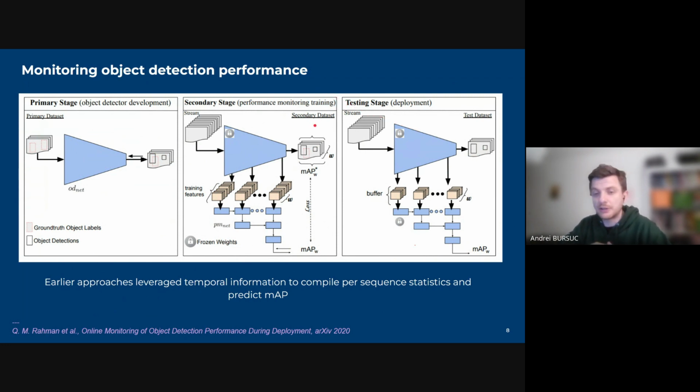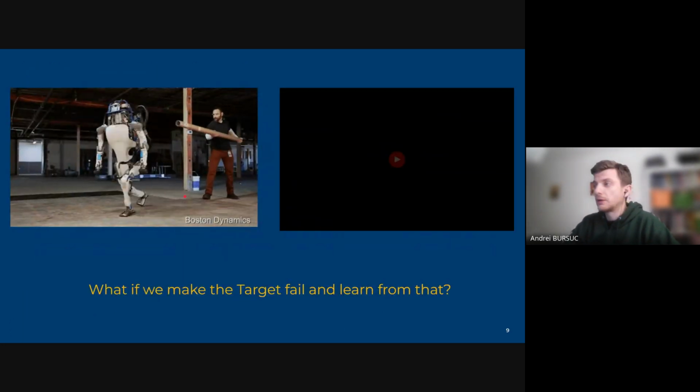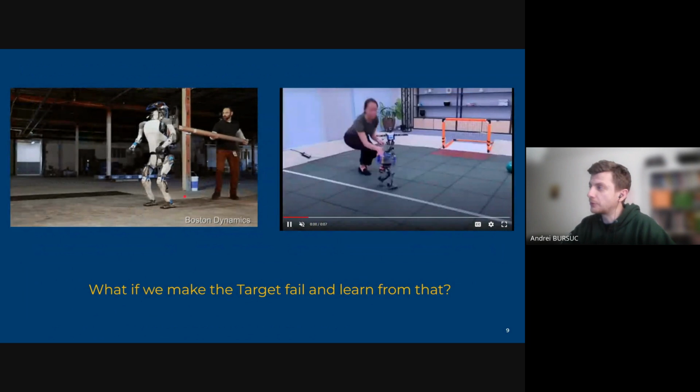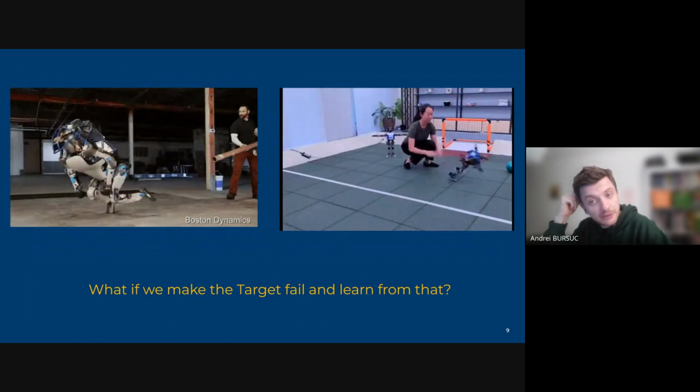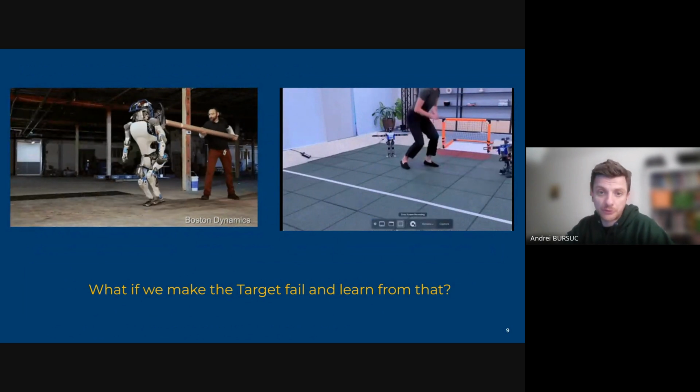So in their case, they looked at time, which gives the model a different dimension to explore, but we're still bound to the size of the secondary data set, and we may have the same dilemma on how much of this secondary data set will be used for the primary data set to train the bigger target model. So in the following, I'll propose another strategy for finding this training data for the observer network.